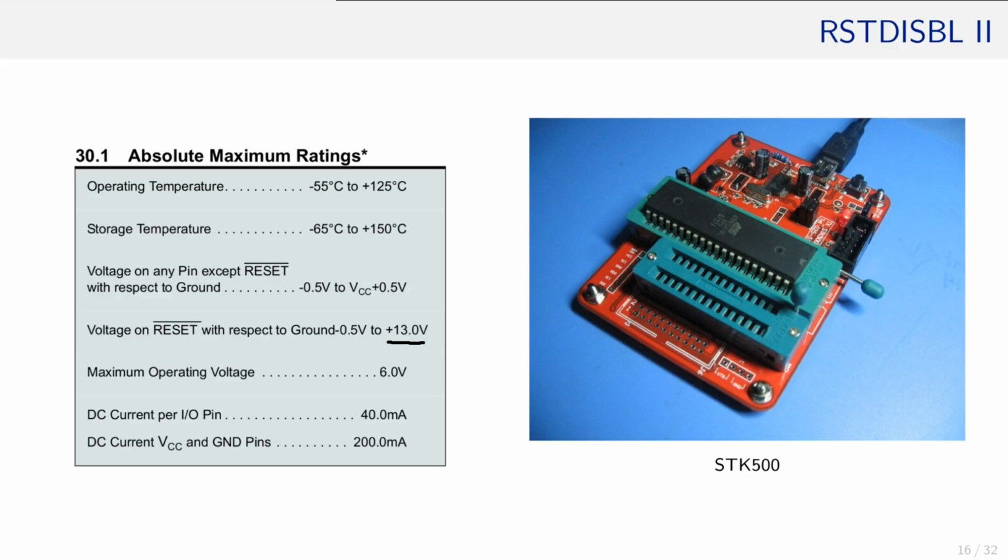If the fuse is programmed to reset the ATmega, a high voltage programmer is required, which is able to supply 13 volts to the reset pin. On the right is an example for the STK500, which has this capability. This one shown here is a custom-made copy of the original programmer from the manufacturer.